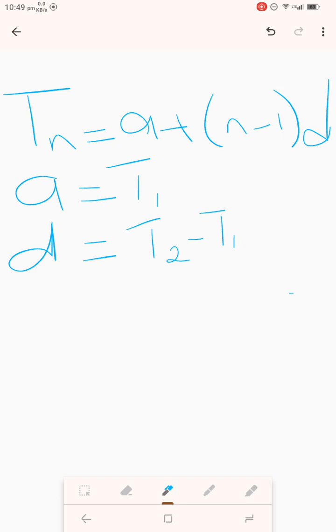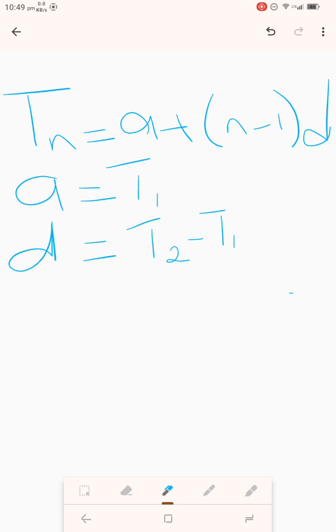According to the way those numbers are going, like we have 2, 4, 6, 8, 10, it means term number 2 is 4. Then we're going to have 4 minus 2.